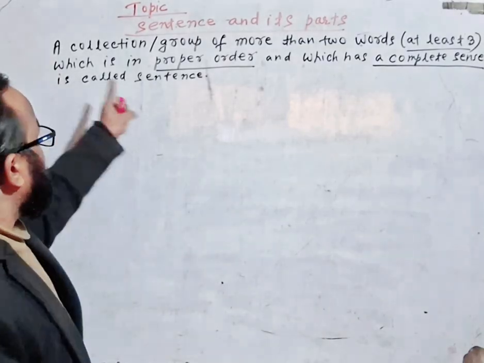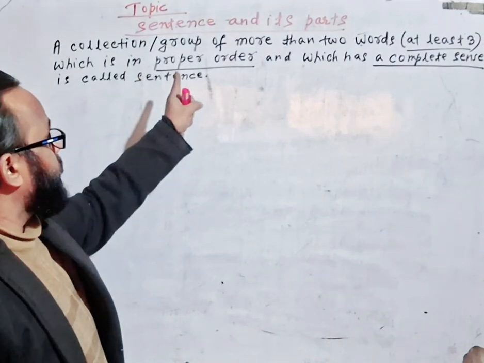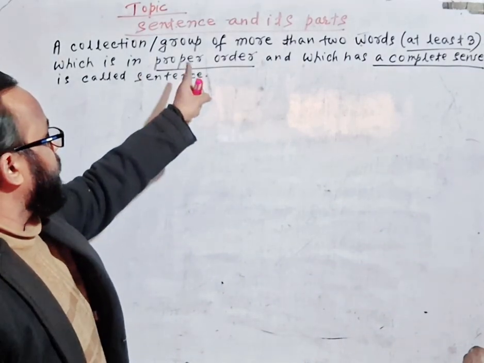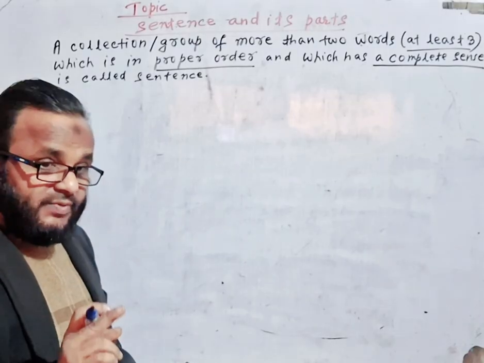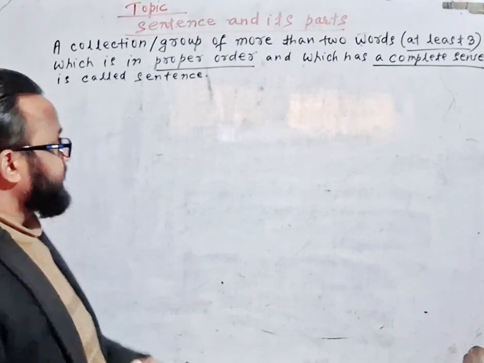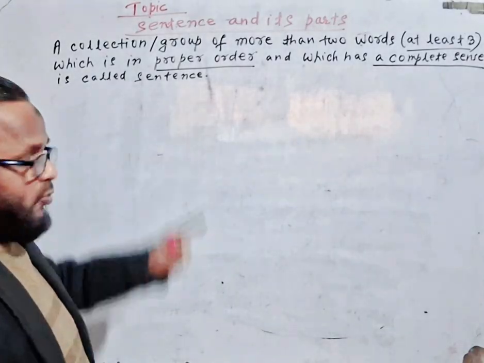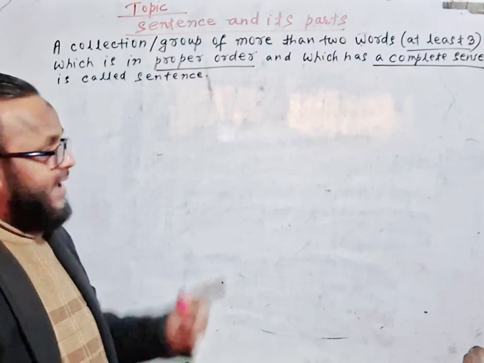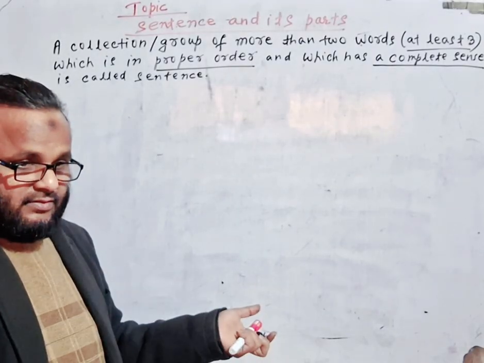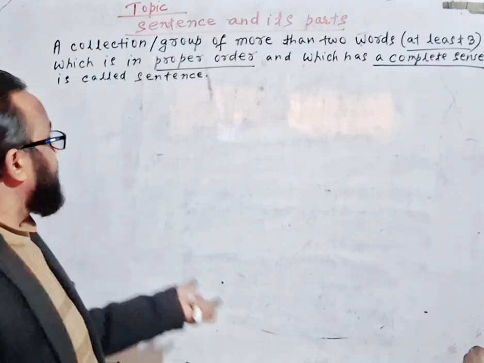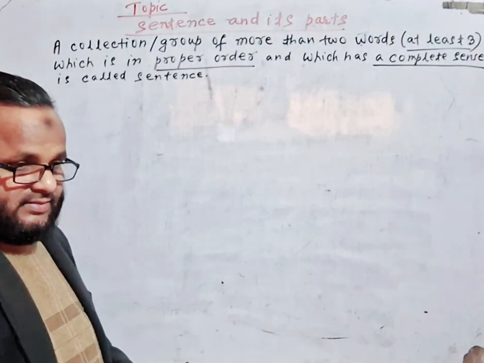The definition says that a collection or a group of more than two words, at least how many words should be there? Three. Which is in proper order and which has a complete sense, not half sense, complete sense, is called a sentence.